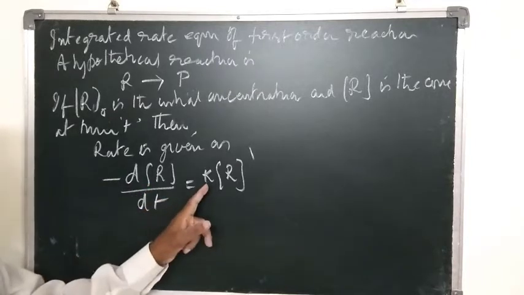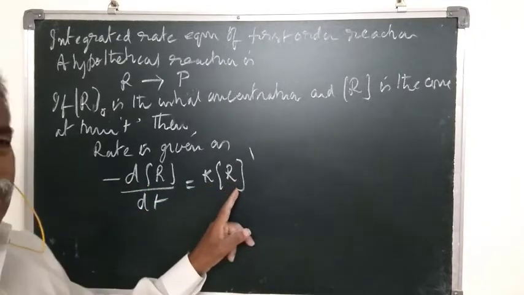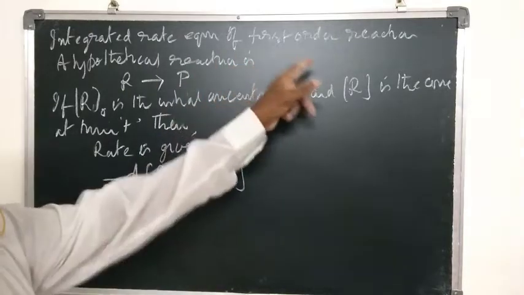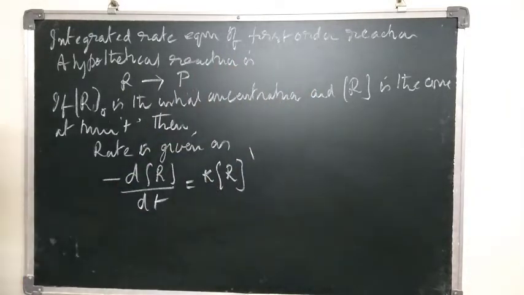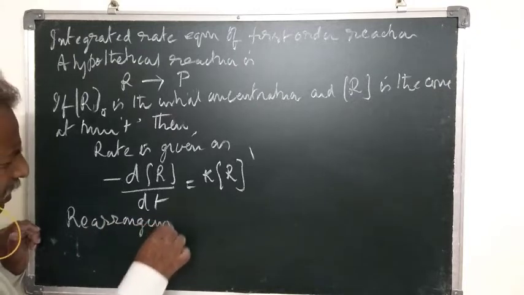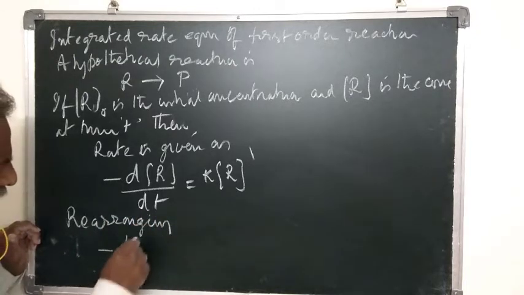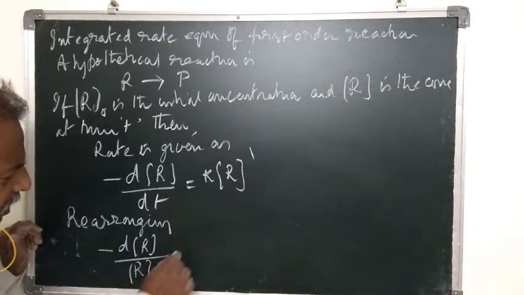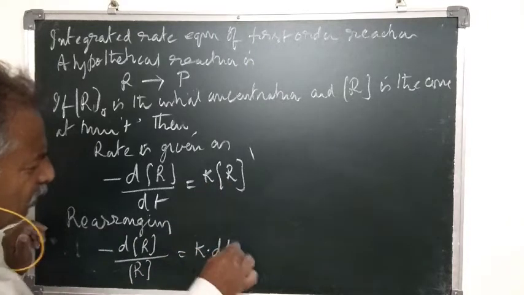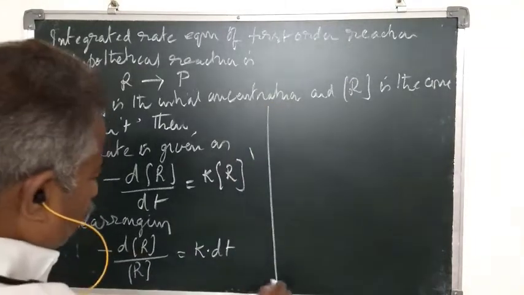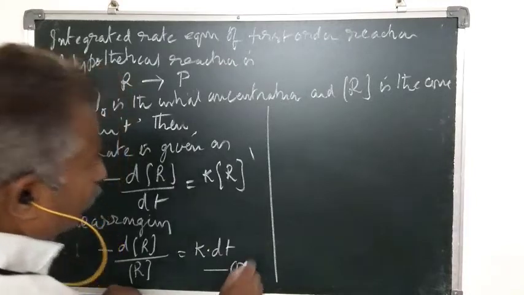So rate equals rate constant into concentration of the reactant raised to the power 1, because this is the first order reaction. Rearranging, bring this R this side: minus dR by R is equal to k into dt. So this is number 1.